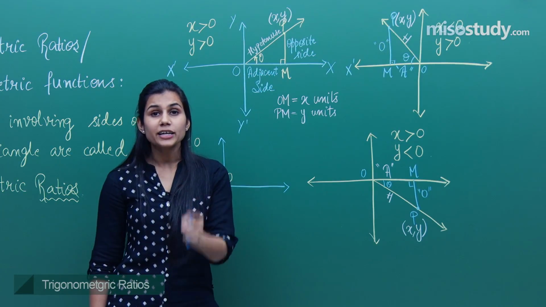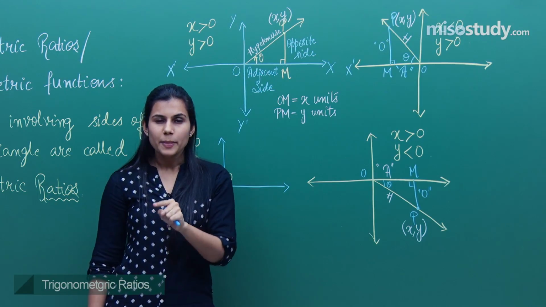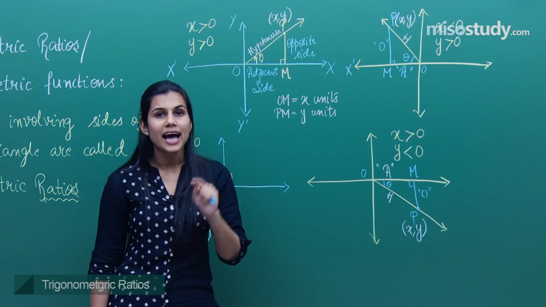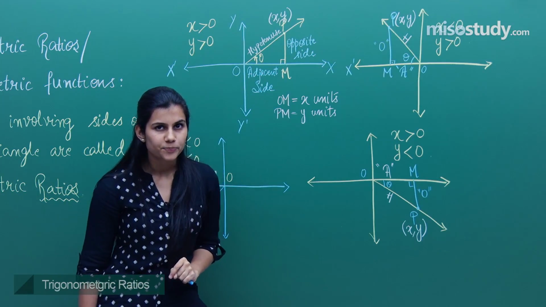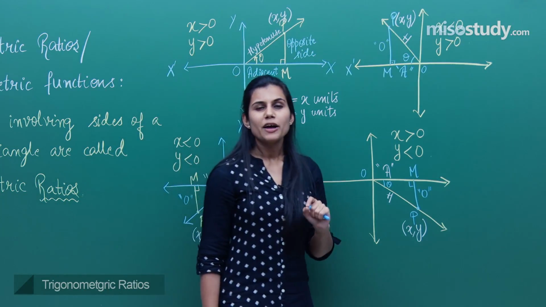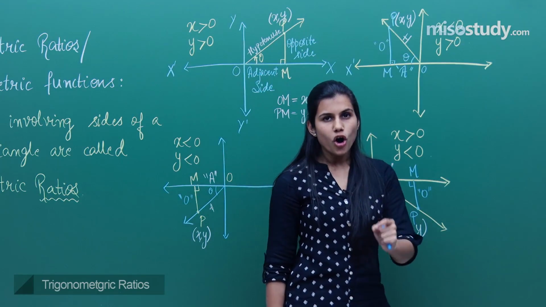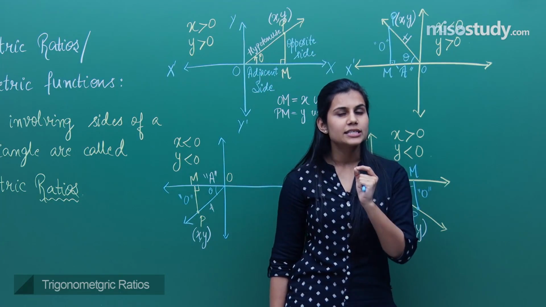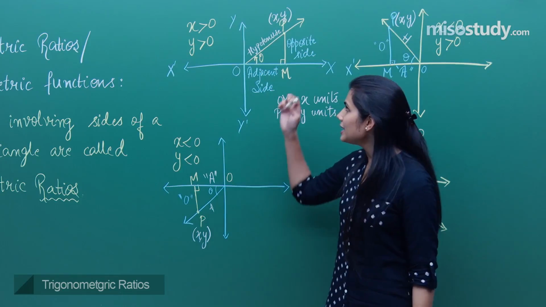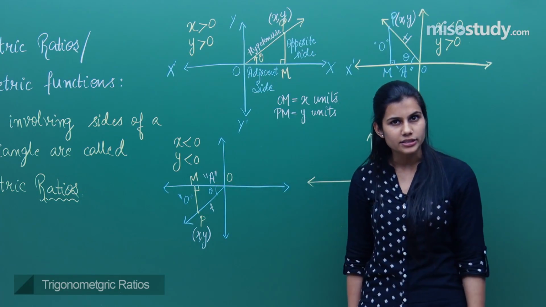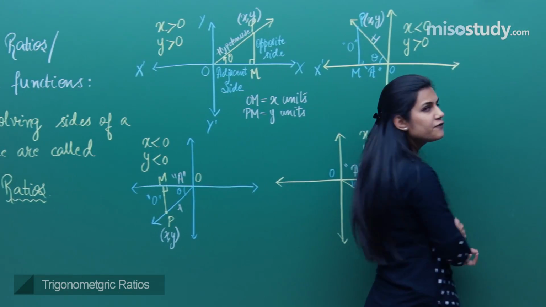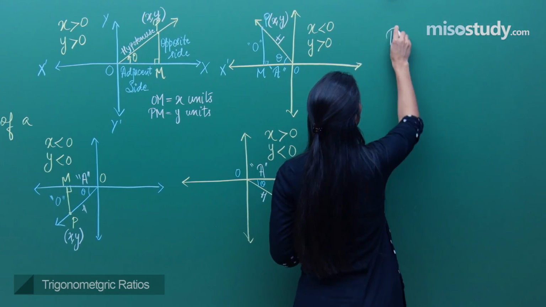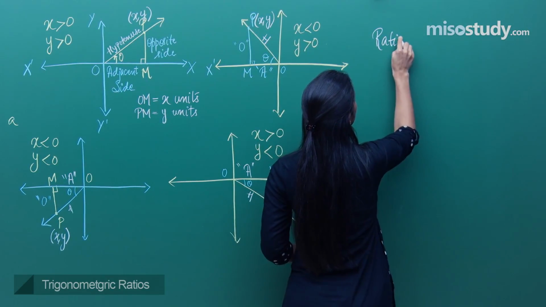It is with respect to this chosen angle that I have my adjacent side and I have my opposite side. So let's get started by forming ratios of the sides of this right triangle, which stands here as the triangle of reference.